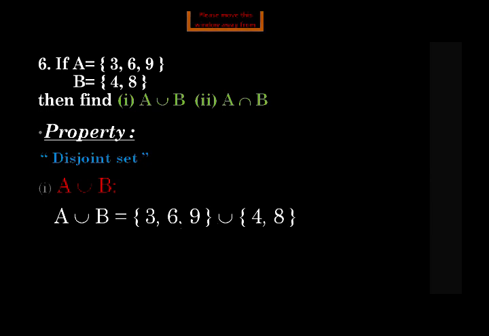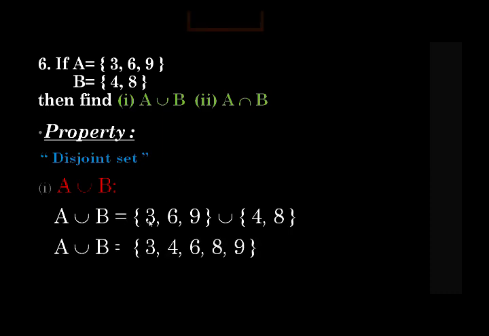We have to arrange both sets in sequence and order. If there are no common elements, we will just write in order, like 3, then 4, 6, 8 and then 9. This is the answer of A union B.